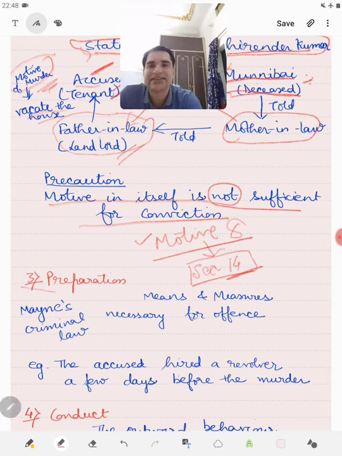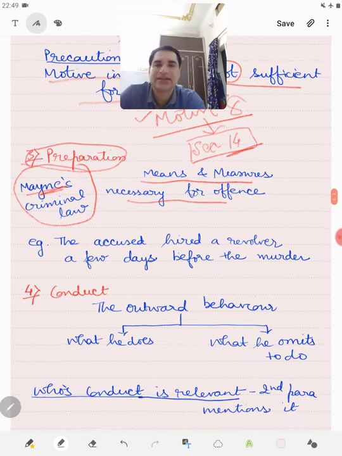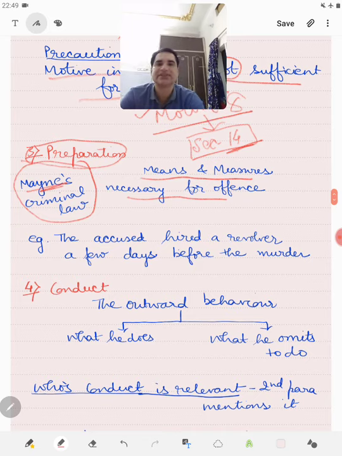Now let us see the third thing, that is preparation. Preparation has been defined in Maine's criminal law, which says that it is the means and measures necessary for an offense. That is, those means and measures which are necessary for carrying out an offense.